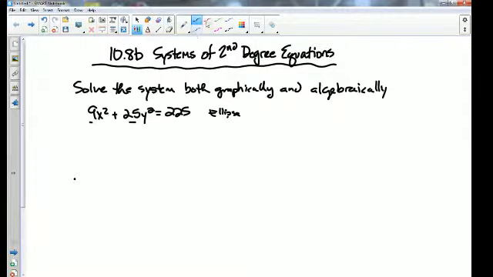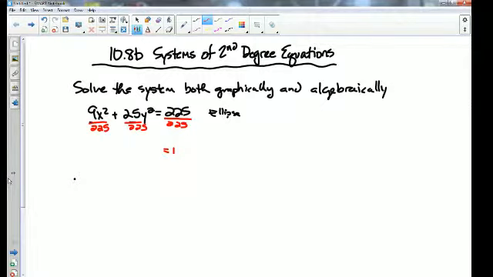So if I want to rewrite this in the form that we need to graph it, how do I get rid of these? I've got to make this a 1, right? How do I make that a 1? If you divide by 225, you get equals 1.